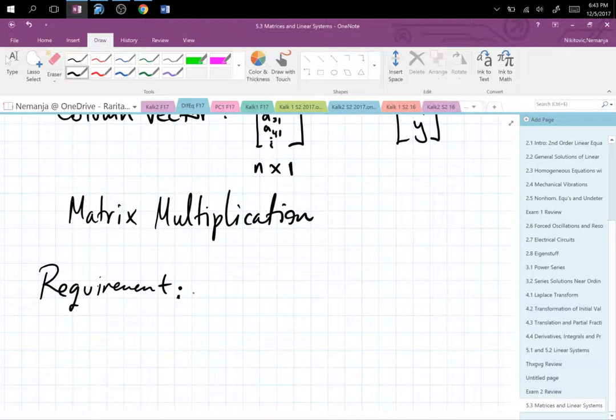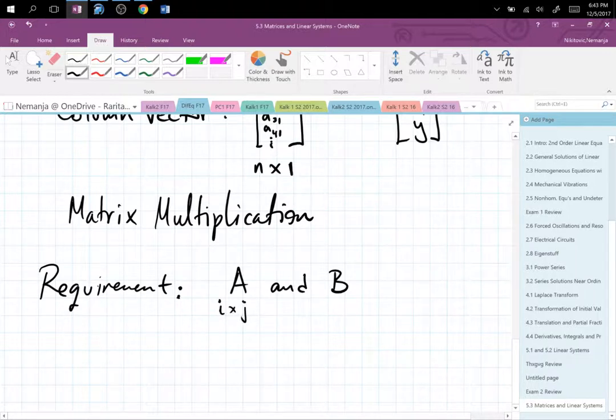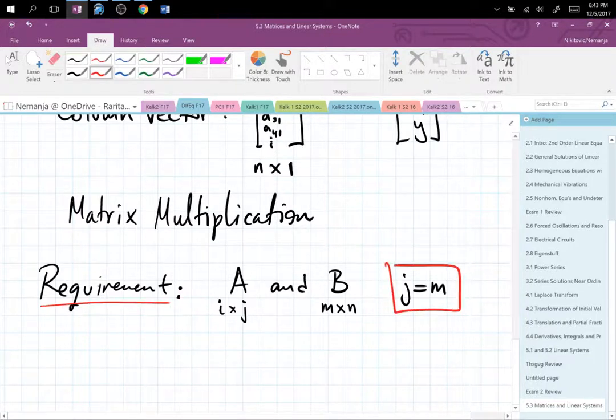So, if I have two matrices, A and B, where matrix A is, let's say, I by J, and the second matrix is M by N, the requirement is that J must be the same number as M. The number of columns of the first matrix has to be the same as the number of rows of the second.